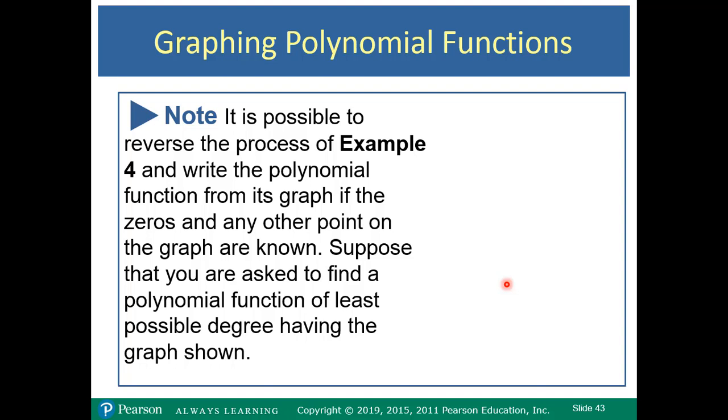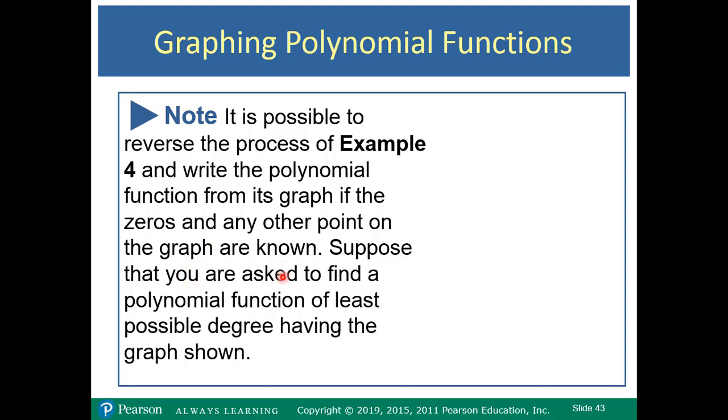Okay, so now it is possible to reverse the process of example 4 and write the polynomial function from its graph if the zeros and any other point on the graph are known. So we can use the graph to go backwards to figure out what the function looks like.